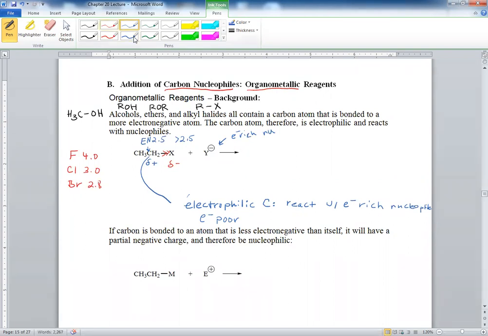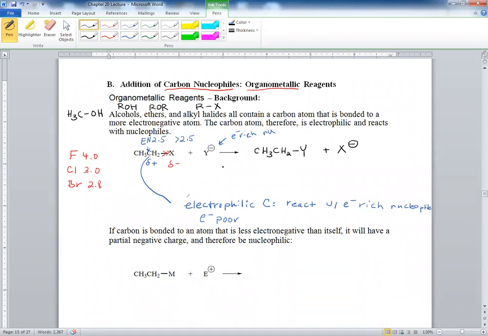And the reaction would occur this way, where X now is replaced with Y. So we learned this in substitution reactions, nucleophilic substitution like SN1, SN2 reaction.